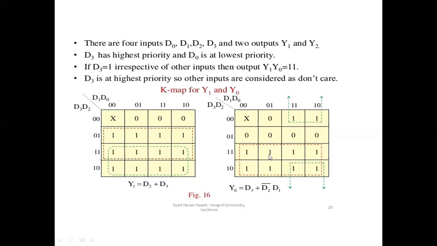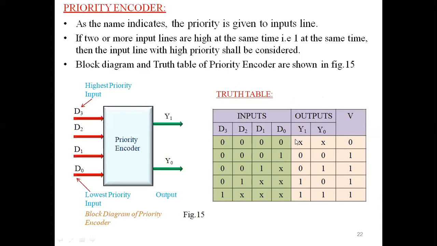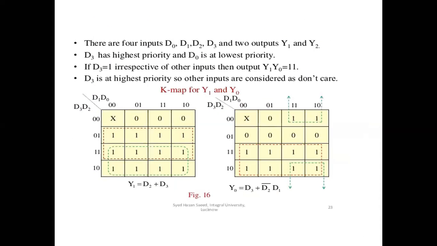See, this means 2 3, and the remaining values start from 8, 9, 10, 11, 12, 13, 14, 15, and here 2 values.